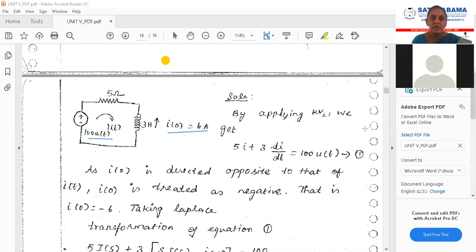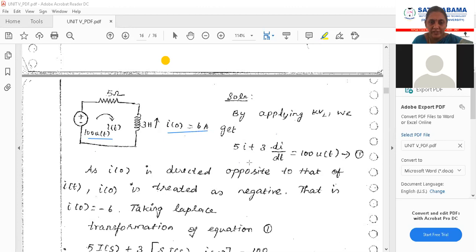Now, first you have to write the equation based on KVL. Now see here, the equation based on KVL we are writing as 5 into i, so the current flowing here is i.